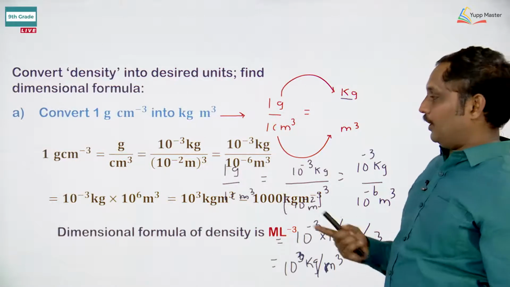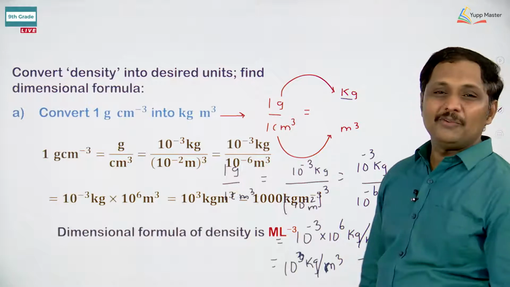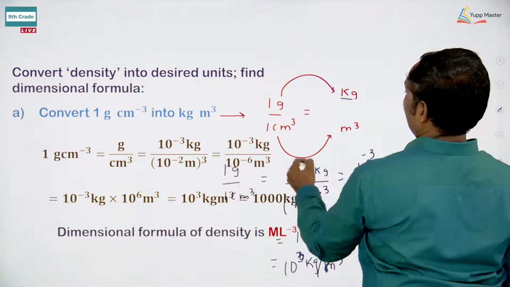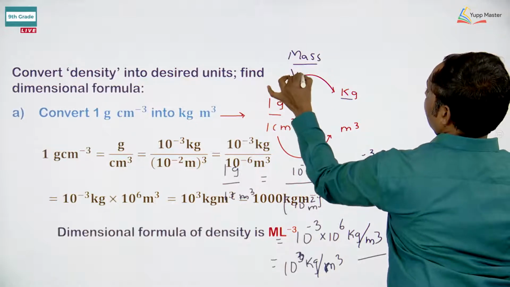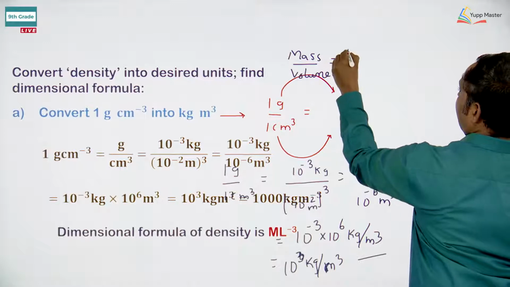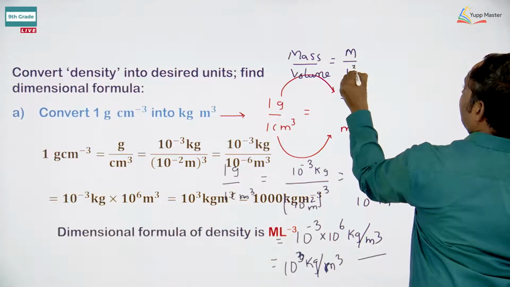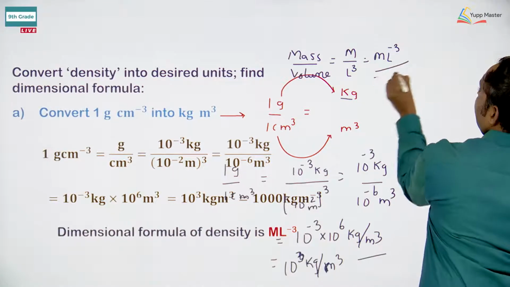And dimensional formula also, we have discussed. Density is mass by volume, so the dimensional formula is taken as M by L cube, that is M L power minus 3.